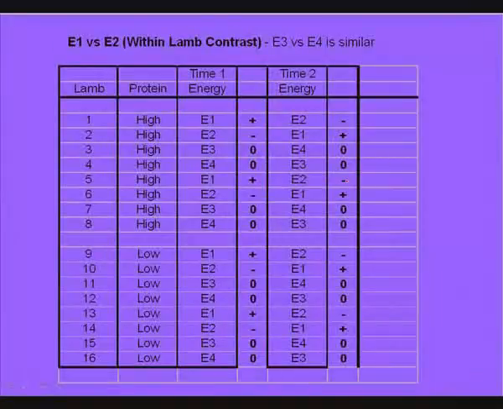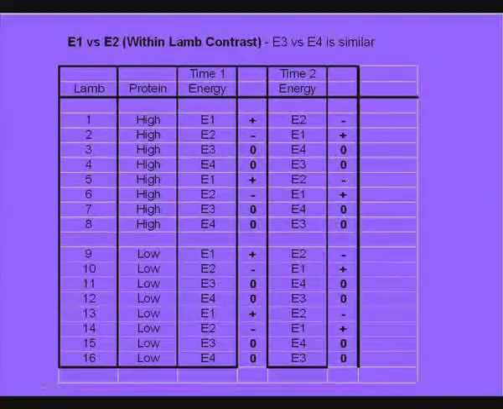So that contrast has a plus and a minus on each lamb, so the lamb effect cancels out, and so we call that a within lamb contrast. And if we were comparing E3 to E4, then it would be similar. That would also be a within lamb contrast.